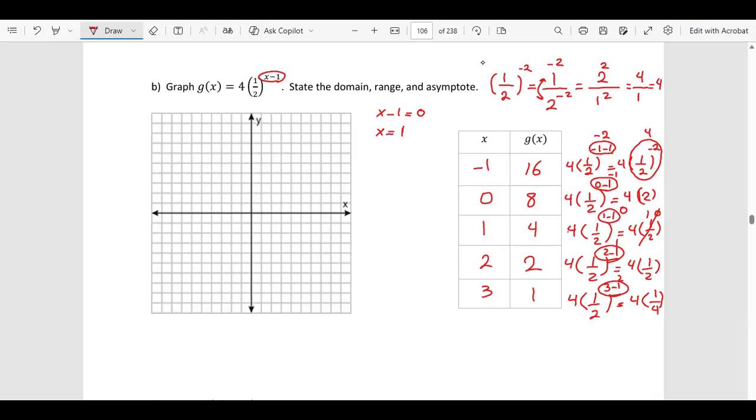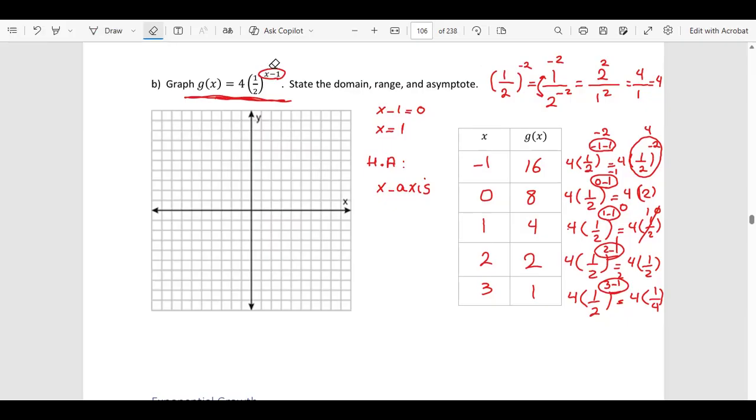Okay, let's find the points. But we always have to find the horizontal asymptote first. I told you the horizontal asymptote is always the x-axis unless we have a vertical shift. Do we have a vertical shift in this function? Do you see if the whole function is adding or subtracting by a number? I see x is adding or subtracting, but that is a horizontal shift.